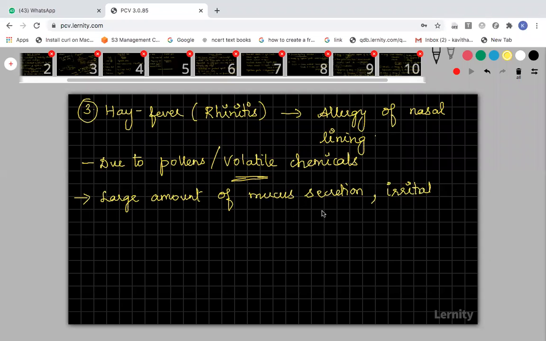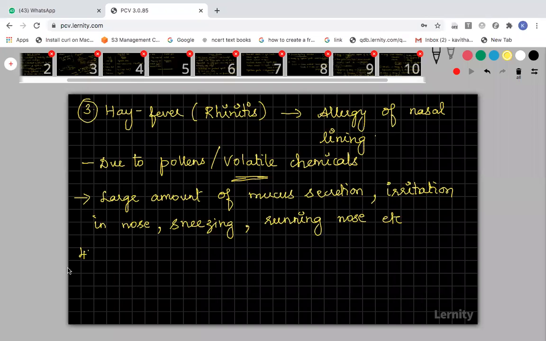There will be severe irritation in the nose region, and continuous sneezing will be there. Running nose will be there, that is, watery fluid will be coming out from the nose. All these are some of the symptoms in the hay fever or rhinitis condition. Here they won't have inflammation, instead they will have these symptoms.